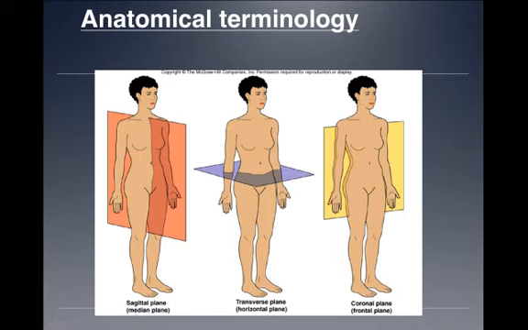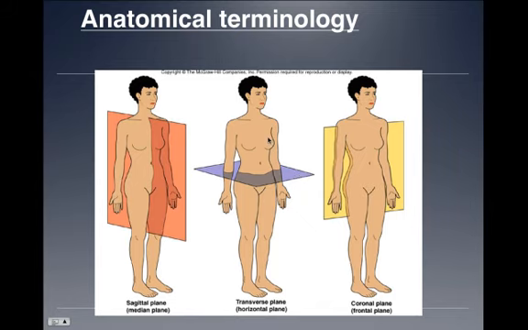A transverse section, as you can see here, is actually going to break the body into superior and inferior parts. So again, that's your transverse planar section. And again, that transverse plane can be anywhere. It doesn't have to be a mid-transverse plane here.